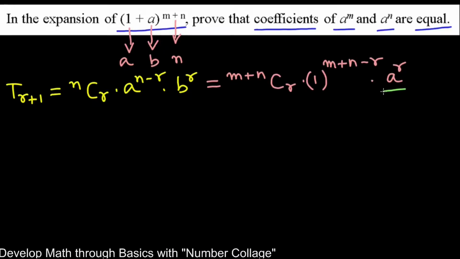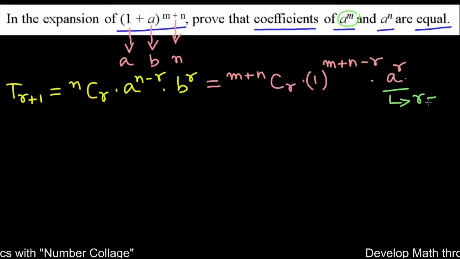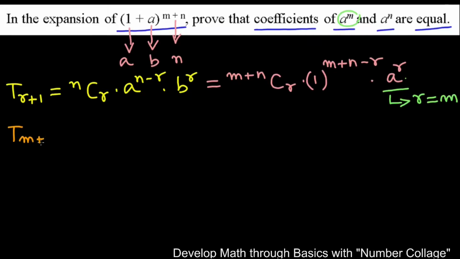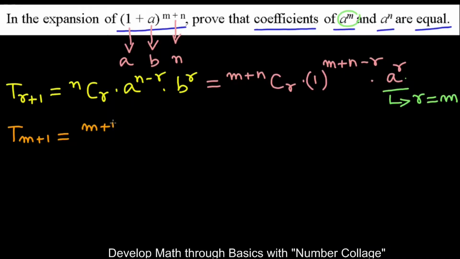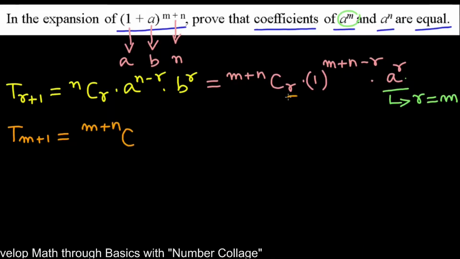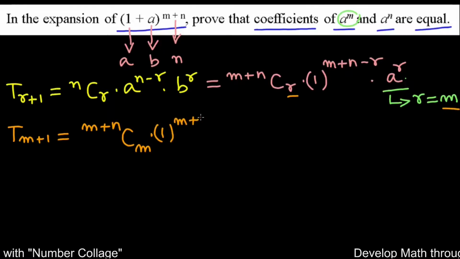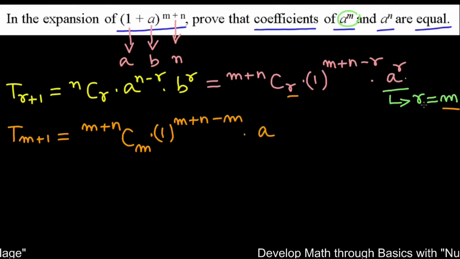Comparing this a raised to r with a raised to m, we get r equals m. So the general term will become T(m plus 1) equals (m plus n)C(r), this r will be m, into 1 raised to m plus n minus r, which is n, into a raised to r, which is a raised to m.